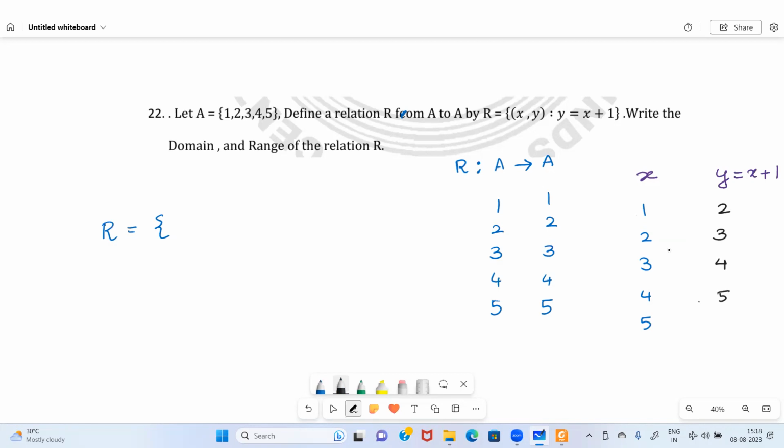But the moment I try writing x is equal to 5, then y becomes 5 plus 1, 6. But if you see, it is a relation defined from A to A. That means the codomain does not contain this number 6, right? It is only limited till 5. Therefore, the last combination is not possible, students. Got it?